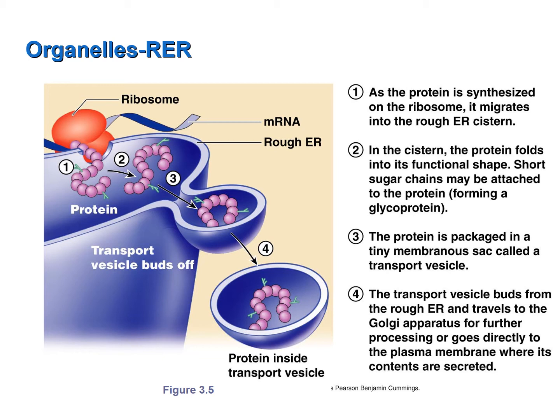There, the protein is modified and then is placed in a transport vesicle, number 4. And then that transport vesicle transports that protein either to the plasma membrane or to the Golgi apparatus.